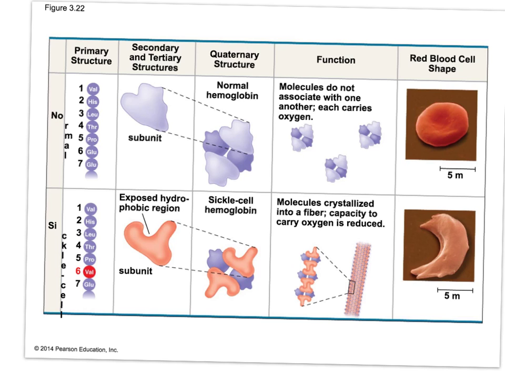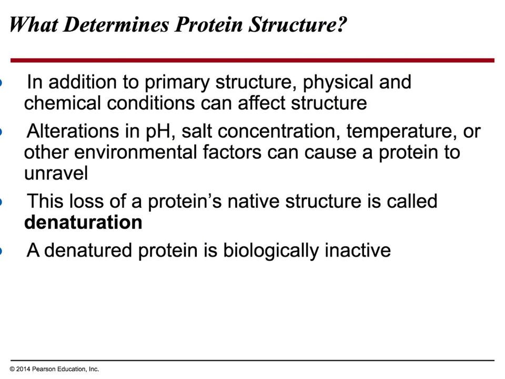And this is under stressful conditions. It can become difficult for those sickle cell red blood cells to move through capillaries, causing clotting and spleen damage. It could be fatal.